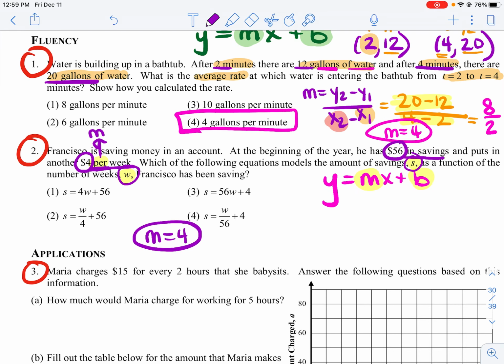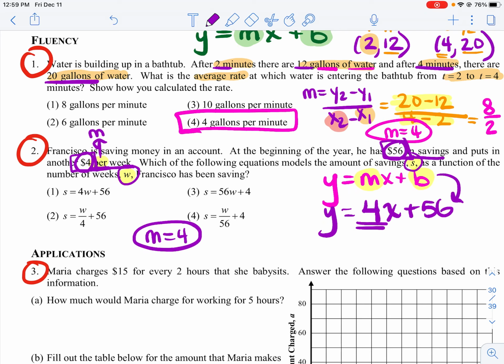So there are two numbers in this, 56 and 4. So instead of putting in m and b, we're going to put something in. Now, the one-time payment that he already has, that's going to be our b value. Now, whatever has the word per next to it, that's our clue word that it's going to happen again and again. That's where our 4 is going to be.